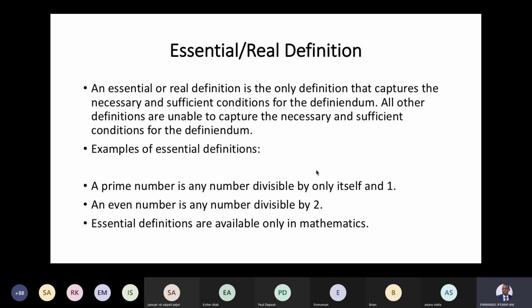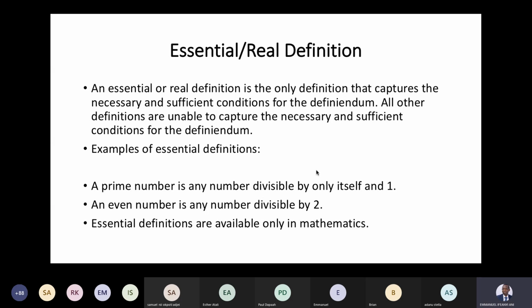There cannot be any exceptions. So it is something that has a definite outcome. Once you fulfill the conditions specified in the definiens, there's only one outcome, and that outcome is the definiendum. No other outcome. That is why we say that for an essential or real definition, the definiens provides the necessary and sufficient conditions for the definiendum.